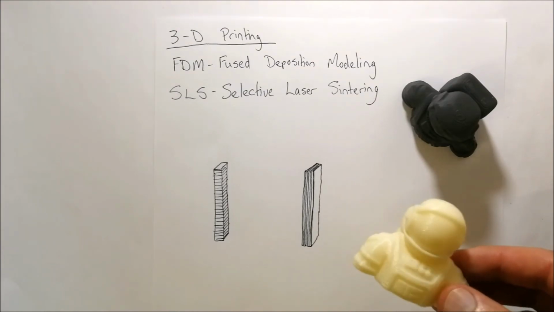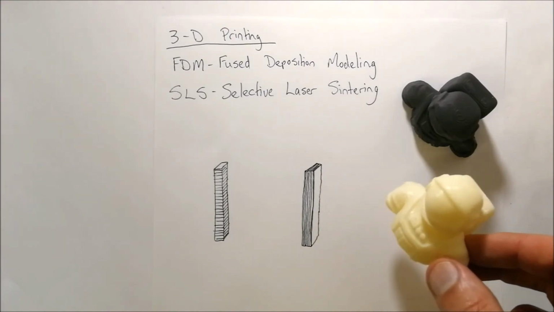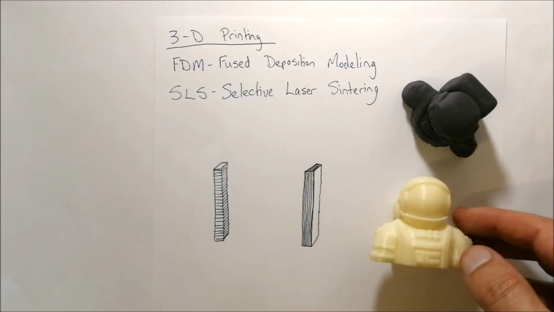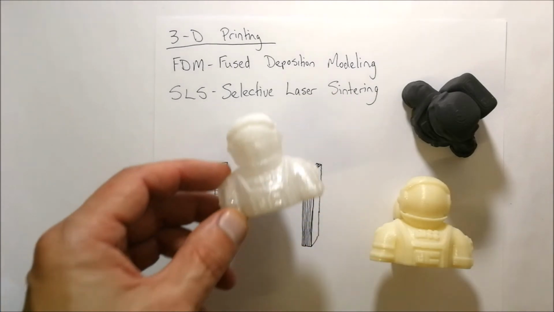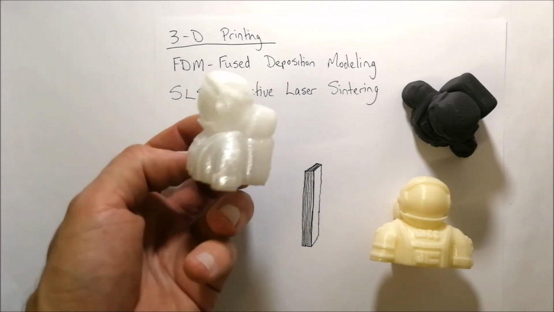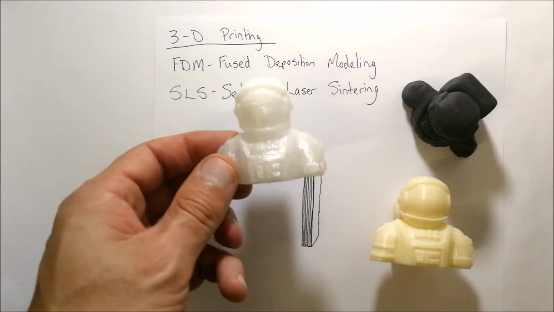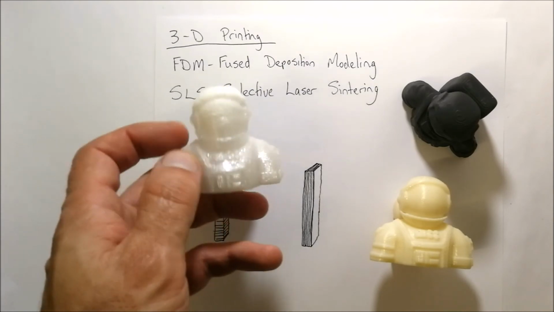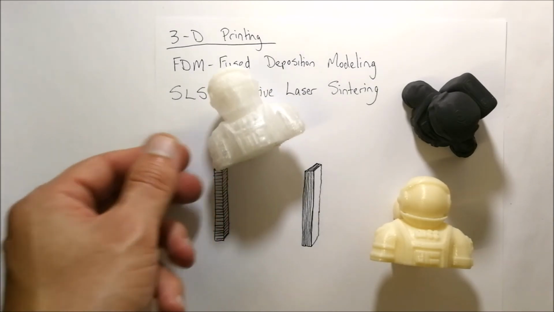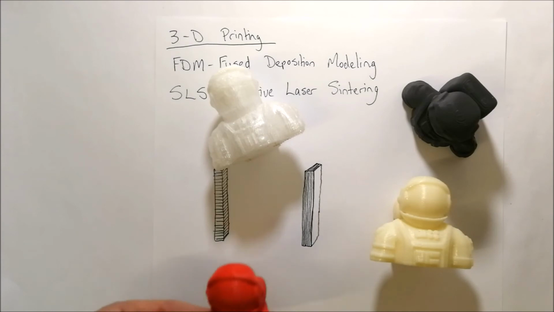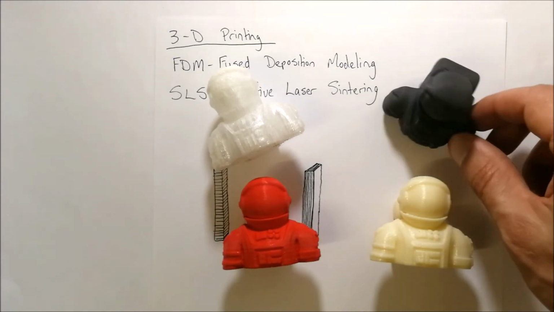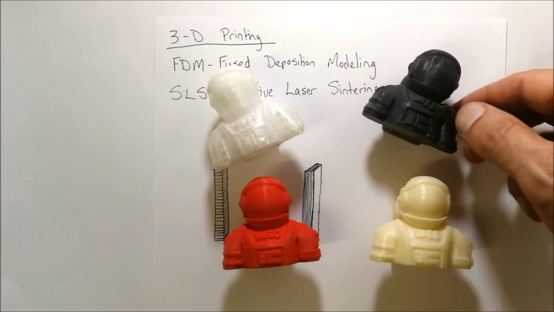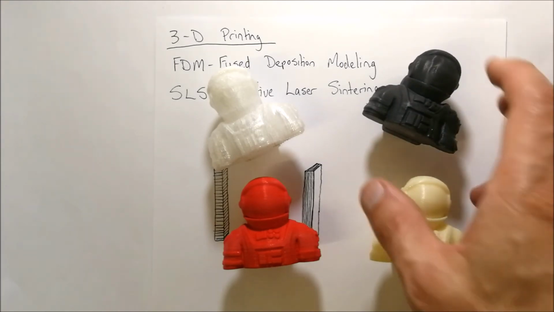This one is more of an ivory color, and this one is more like a glass type of finish, which gives you almost a crystal-like effect, obviously not as strong. And over here I've got a little red astronaut. So these types of 3D printing techniques are quite useful.